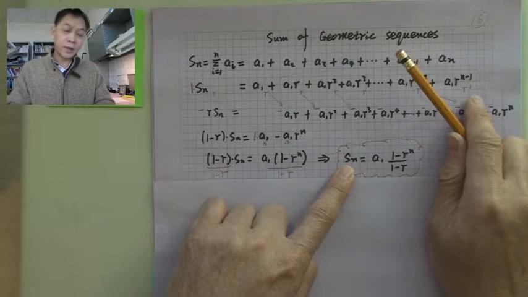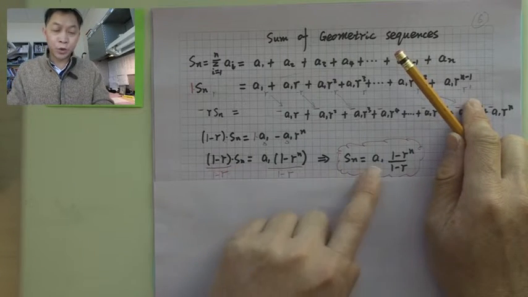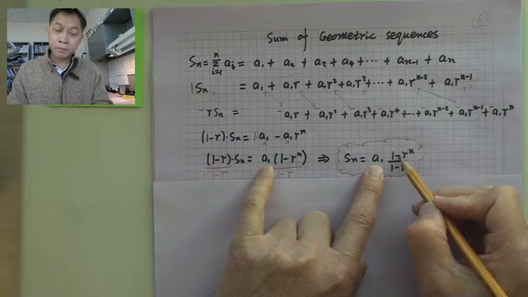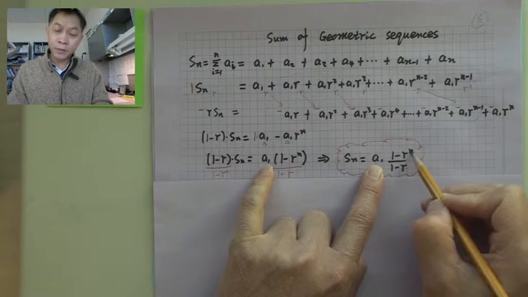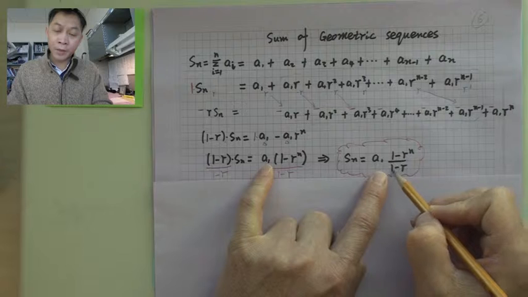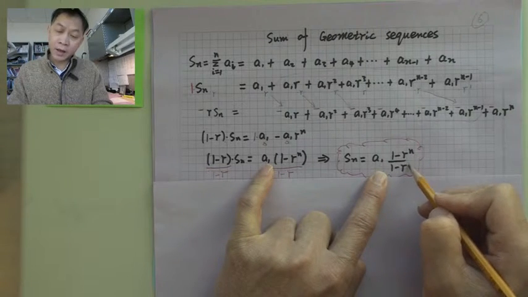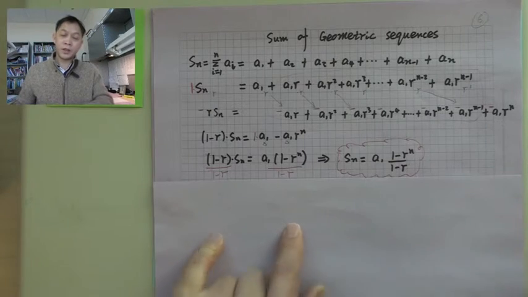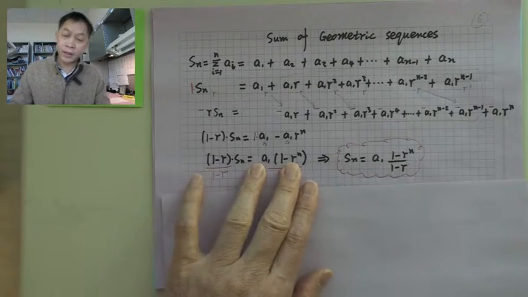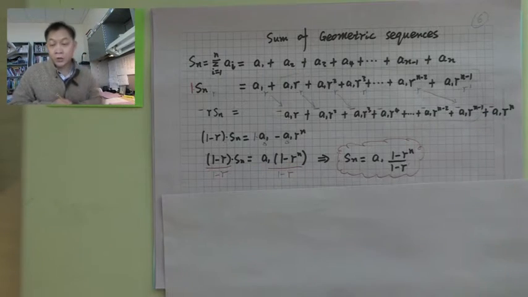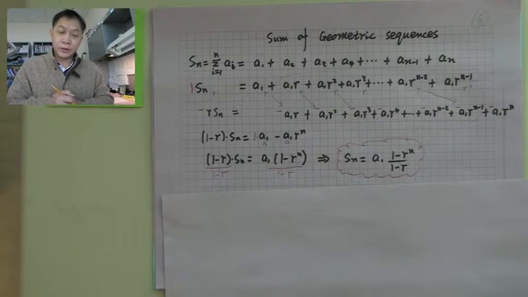You have S sub n on the left equals A1 times 1 minus r to the n divided by 1 minus r. You may say the exponent is 1, but you don't need to write that. That's the general formula for the sum of a geometric sequence.